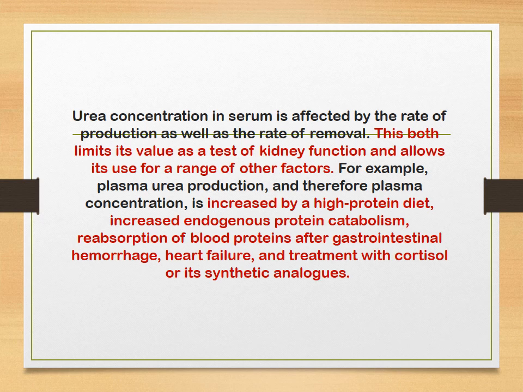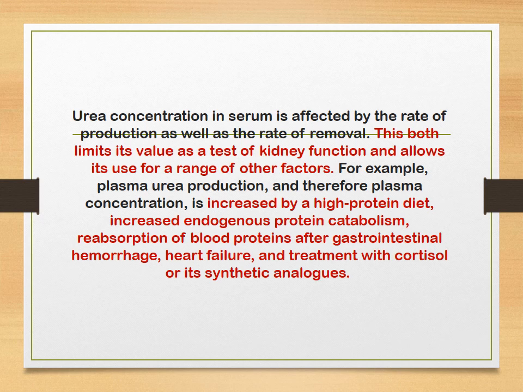All of these, for example catabolism during chemotherapy treatment, or GIT hemorrhage, result in an increase in catabolism of protein and formation of amino acids. The end product is urea. So urea increases in the blood in conditions not related to kidney function or kidney structure.